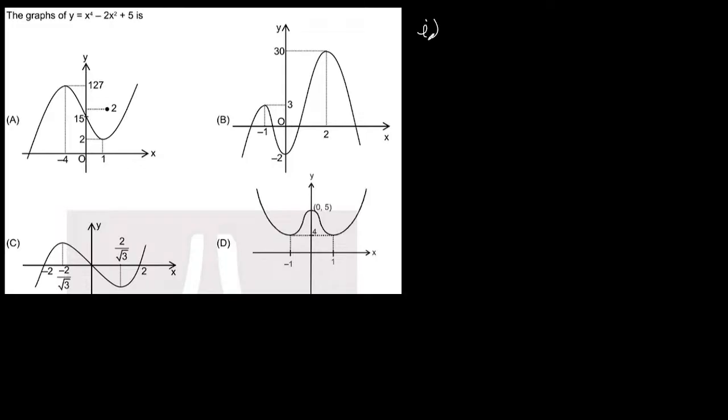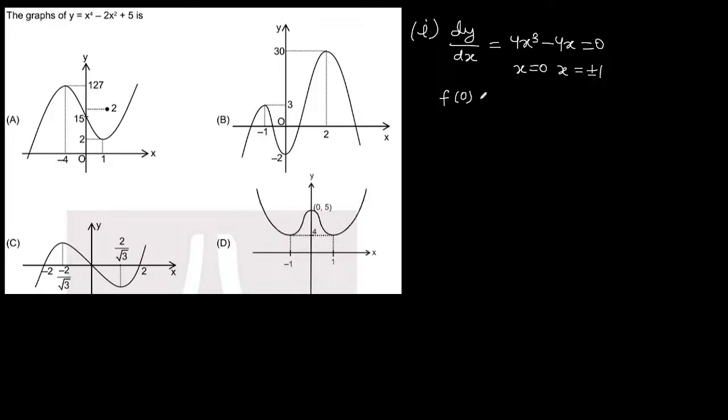I will solve it simply. dy by dx is equal to 4x cube minus 4x equal to 0. x is 0, x is equal to plus minus 1.